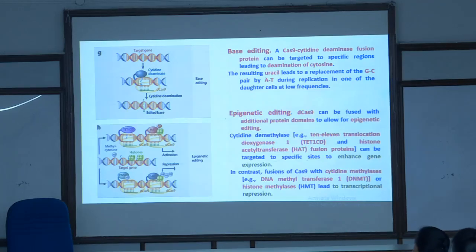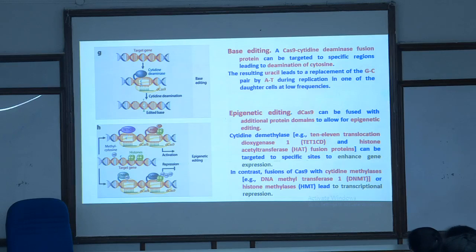And yet another one is epigenetic editing, which is also a reality using Cas9 protein. Here the dCas, the one I already mentioned for transcriptional repression, is possible with the help of dCas9. The dCas9 can be fused with additional protein domains to allow for epigenetic editing. It is done through two mechanisms.